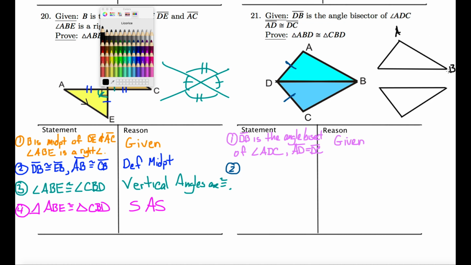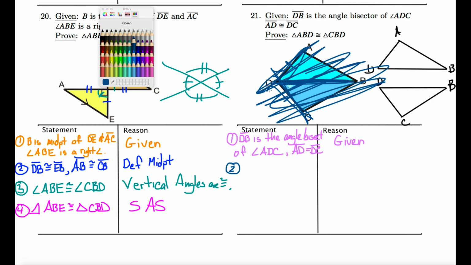ABD. And we got CBD. I hope you see that there's something being shared here. Spoiler. Okay, so what could we say here? Let's work off of this angle bisector. So DB, this thing right here, is bisecting ADC right here.